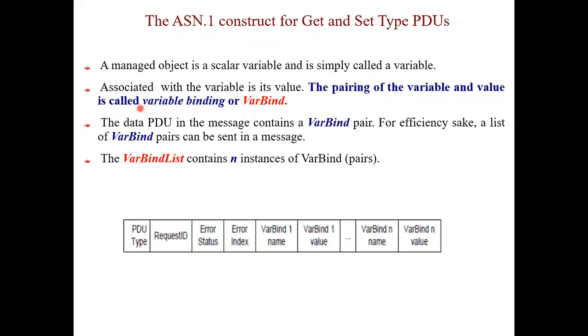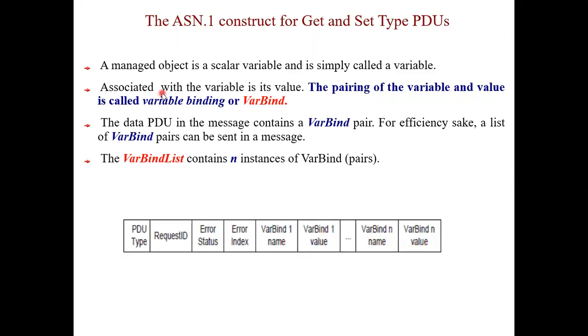So the pairing of the variable and value is called varbind. There might be many objects, many variables in my network. So I have the varbind1 name. I specify the name, and then immediately after that I have the value of that particular variable. So depending on how many variables I have, I am specifying over here.